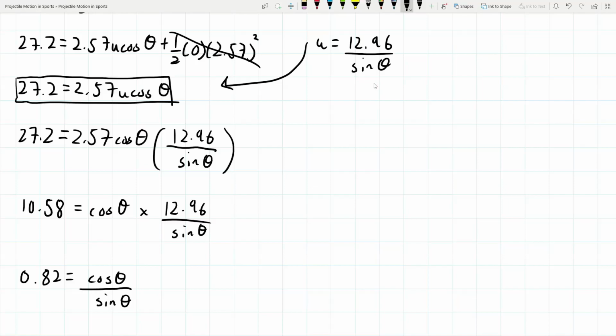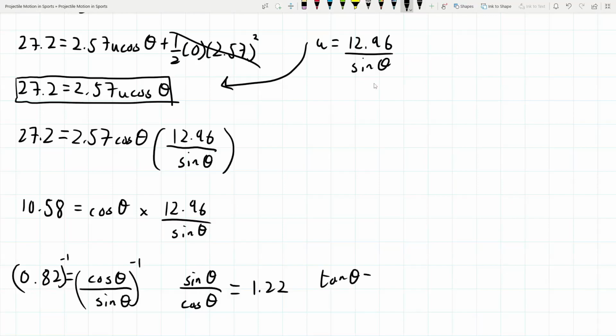So if we do the reciprocal on both sides, so if we do both sides to the minus 1, we get that sine theta over cosine theta equals 0.82 to the minus 1, 1.22. And now sine theta over cosine theta, that's going to be tan theta.